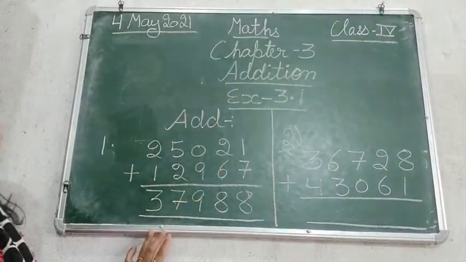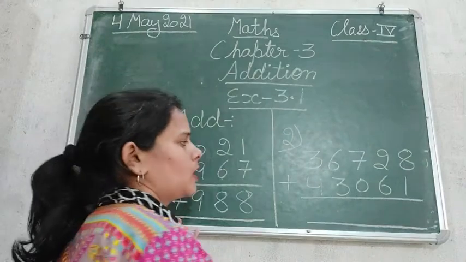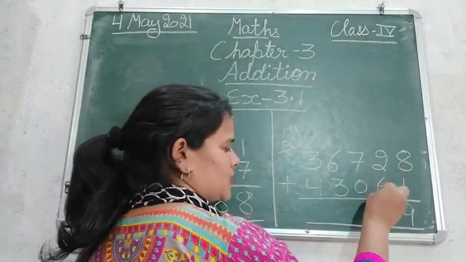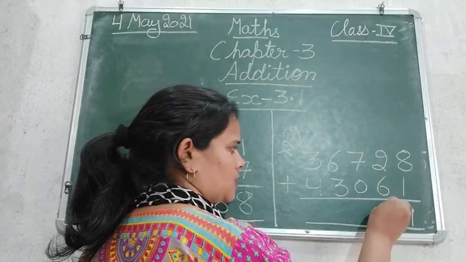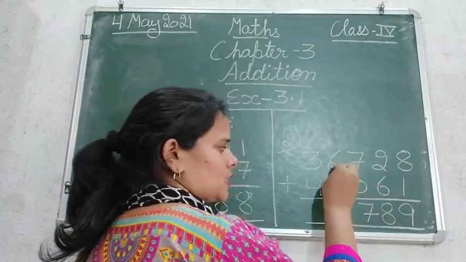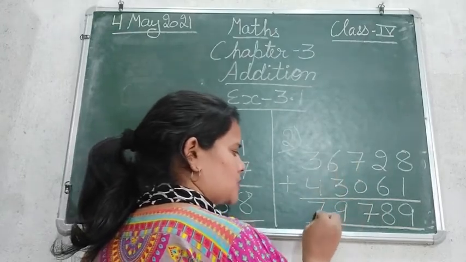We need to add these two numbers as well. 8 plus 1, 9. 2 plus 6, 8. 7 plus 0, 7. 6 plus 3, 9. 3 plus 4, 7.